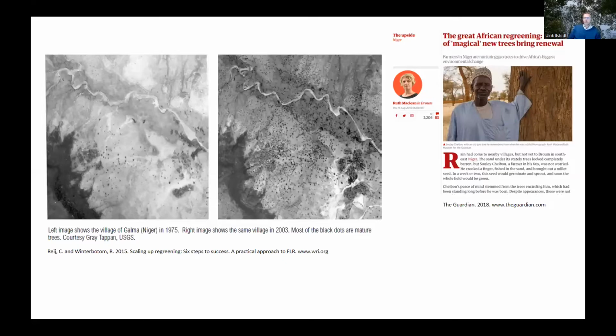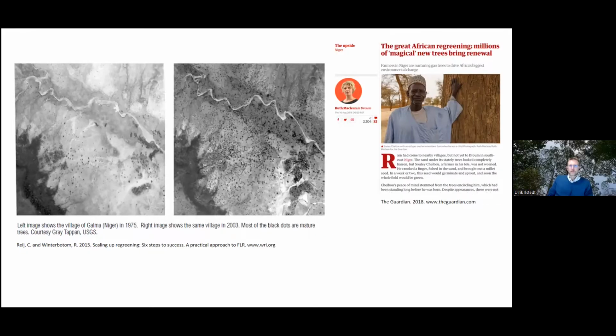So there are more people than me that are interested in trees and the benefits that we can get from trees. In recent years there have been a lot of initiatives for restoration work and using trees for carbon sequestration, for other benefits to livelihoods, as forage for animals, to improve soil fertility, and so on.